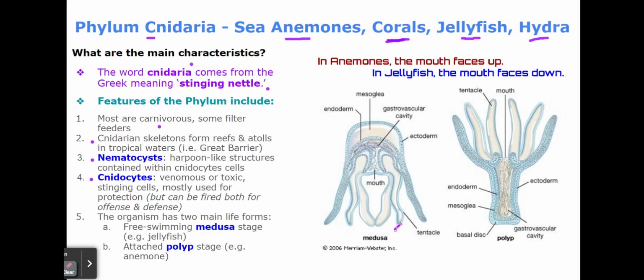The jellyfish, or the Medusa stage, has the mouth facing down. This is the same organism. Another part of their life, they're in the polyp stage, and they are an anemone. This is the same organism, and the mouth faces up.